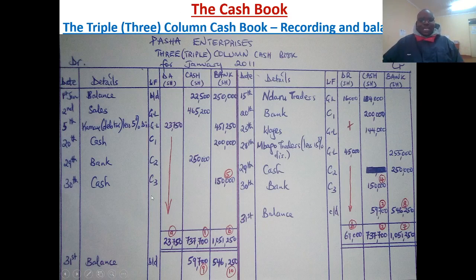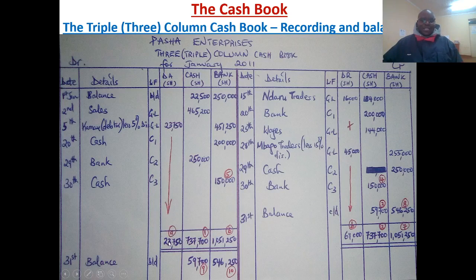Then we have discount allowed and discount received. Remember, these relate to different activities and different accounts. So we look for the total figure on the debit side, discount allowed, and then we insert that figure here.